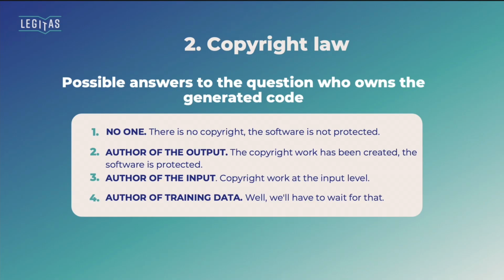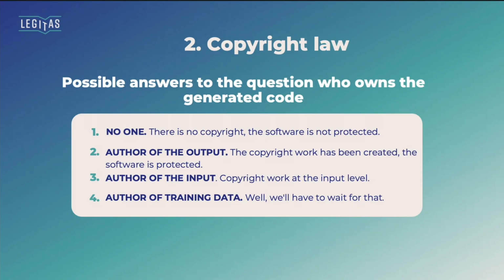Then there comes another question. If we were to decide that software is a copyright work, and someone has rights to it, who will it be? There are four, maybe even more, but four main possibilities for who will be the author. Of course, the first one: no one, because it is not a copyright work. Then it could be the author of the output.